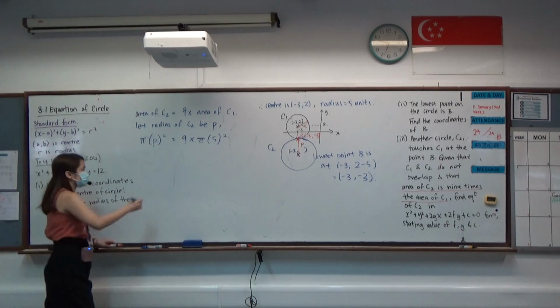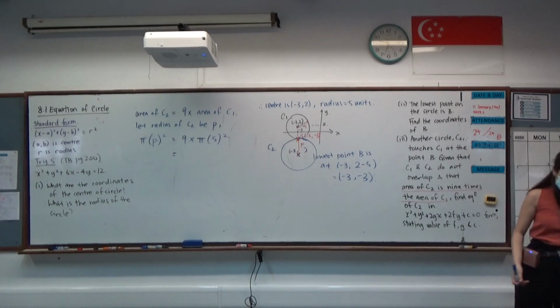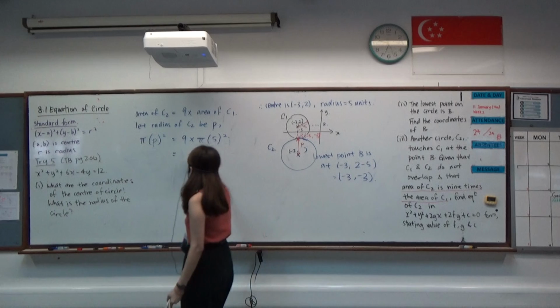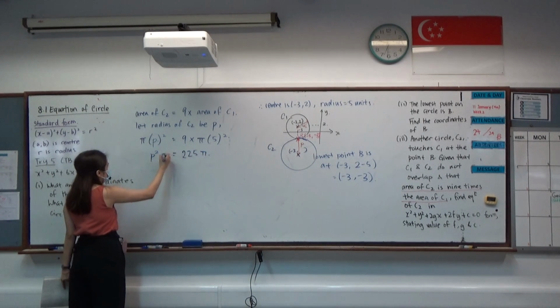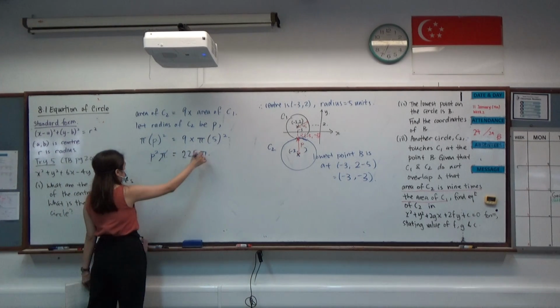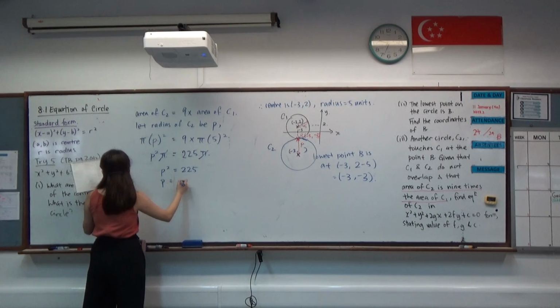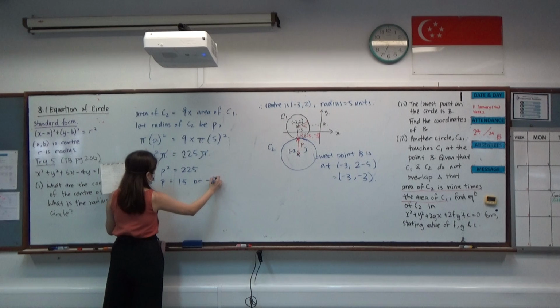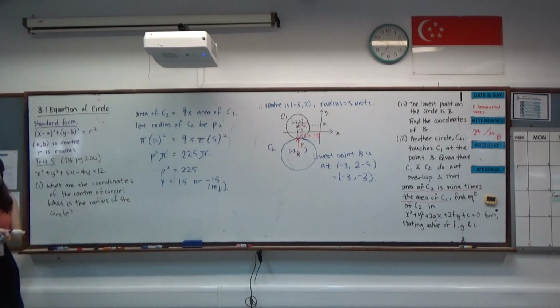Simplify this equation and you would get 225 pi on the right, p squared pi on the left. Can divide by pi. So p is 15 or negative 15, but we reject the negative one since p is referring to a radius.